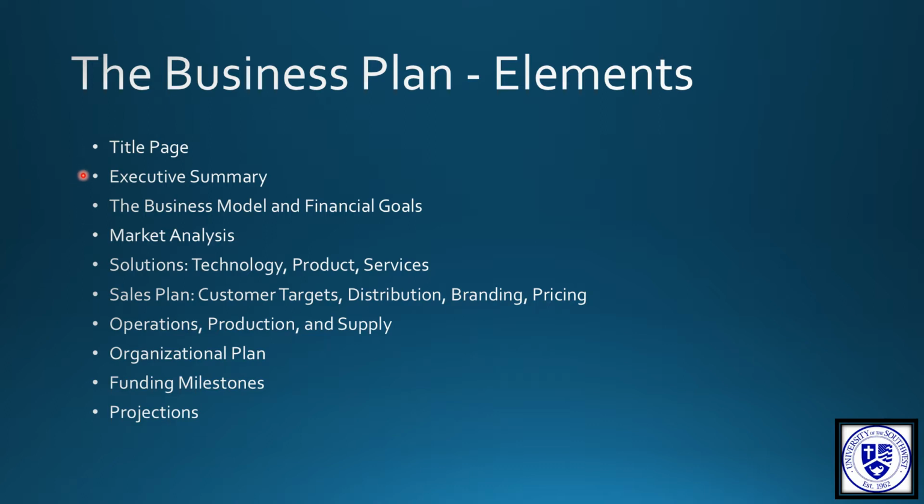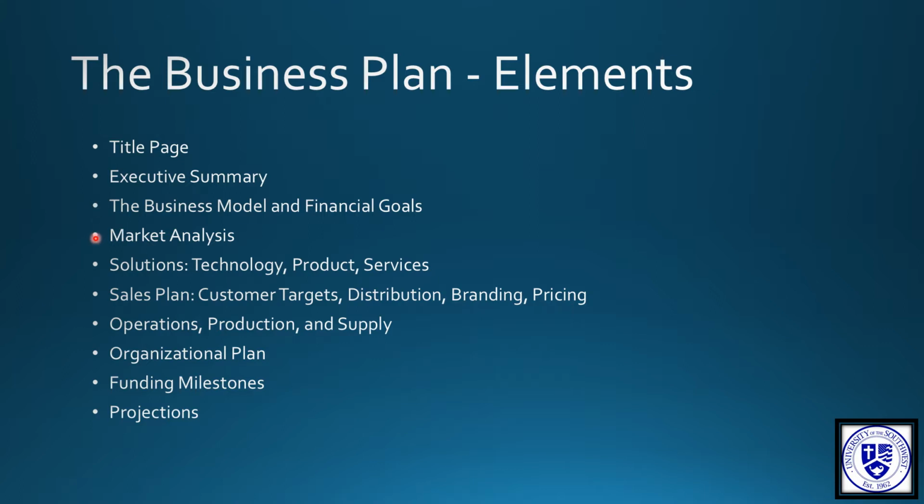Obviously, you'll have a title page, an executive summary, which basically summarizes the whole plan on one page. We've got to include the business model and our financial goals. In other words, how are we going to make money?